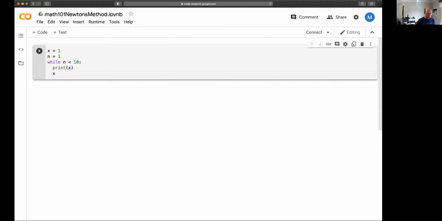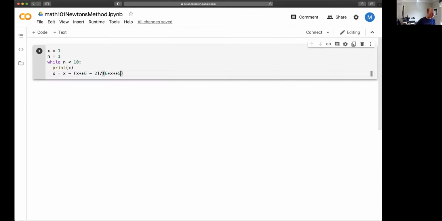So x equals x minus parentheses x raised to the 6th power minus 2, divided by parentheses 6 times x raised to the 5th power.